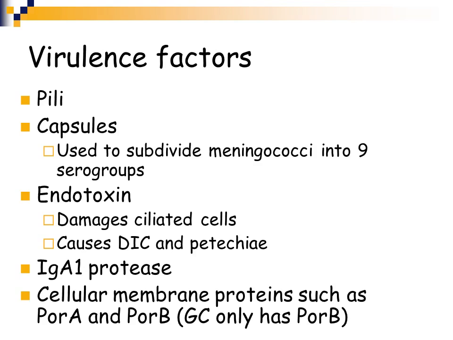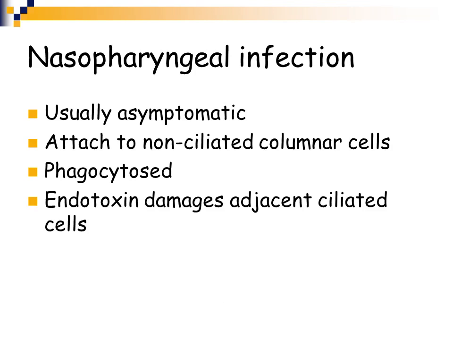Now, Neisseria meningitidis can cause a nasopharyngeal infection, which is usually asymptomatic. The organism will attach to the non-ciliated columnar cells. It gets phagocytosed by the host immune cells, granulocytic cells, and then the endotoxin or LPS in the gram-negative cell wall will be released because the cells will die.